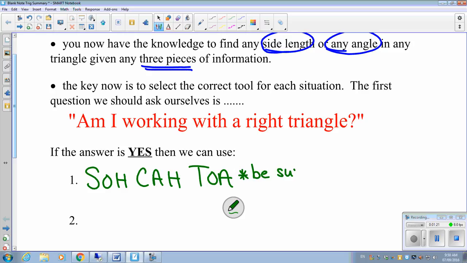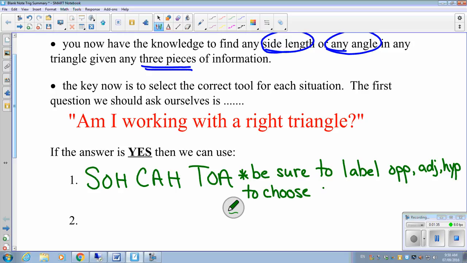So be sure to label your opposite, your adjacent, and your hypotenuse to choose whether to use sine, cos, or tan correctly. Remember, when you're using sine, cos, or tan, you can calculate a length or an angle.